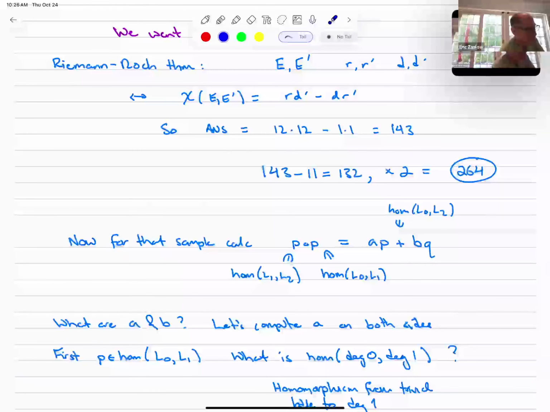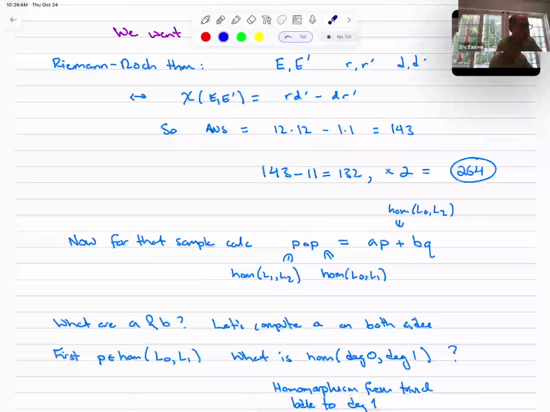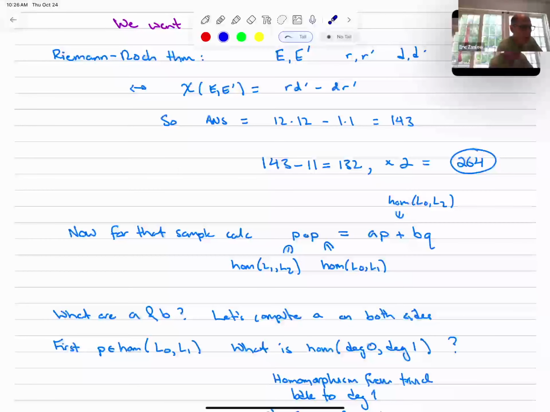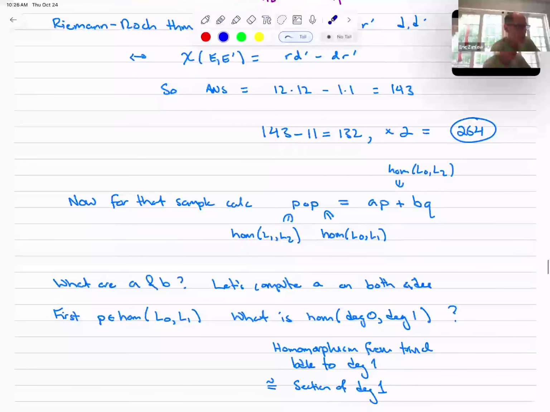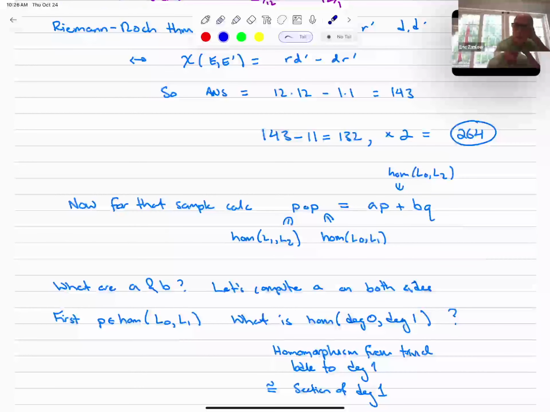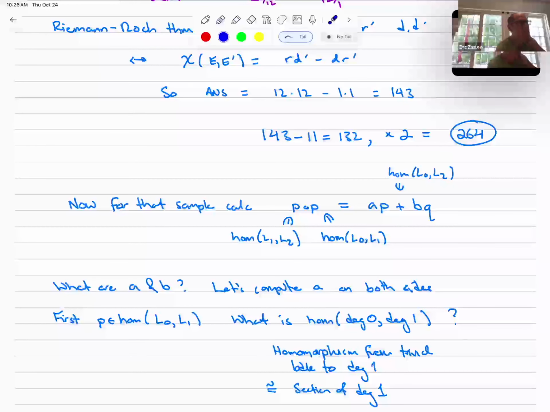So P lies in Hom(L0, L1), and so must be a homomorphism between a degree 0 line bundle and a degree 1 line bundle on this complex plane modulo lattice. Well, a homomorphism from the trivial bundle to a degree 1 bundle: the trivial bundle is trivial, so if I think of the constant function 1, that 1 is the generator, the basis element for the vector space at every point.